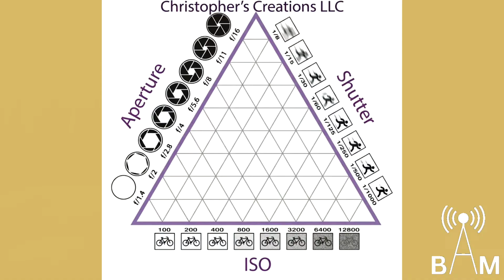And it works just like the iris of your eyeball, how you focus in and adjust to being able to see in the dark. Your pupils dilate a little bit more to allow in more light, and that's basically what the aperture does. The bigger or the more open that your aperture is, the more light that it allows to come in.